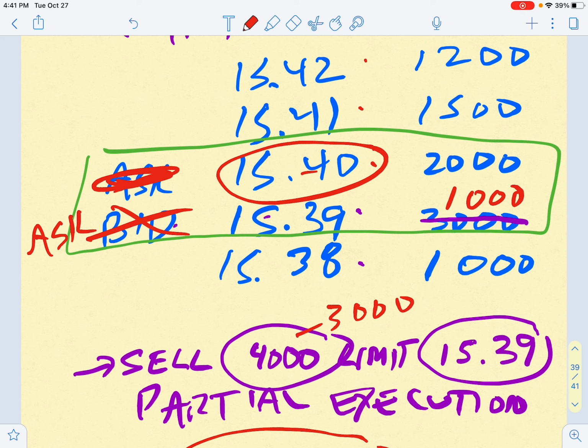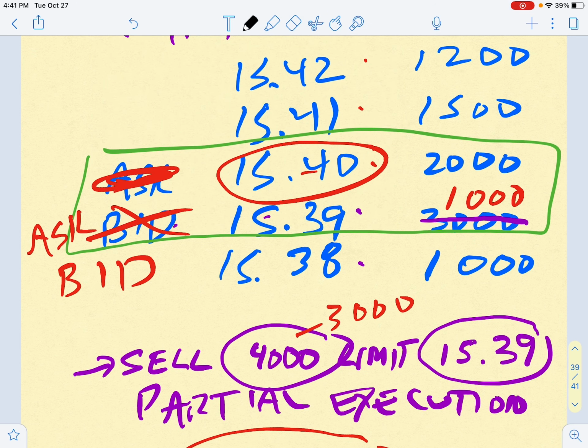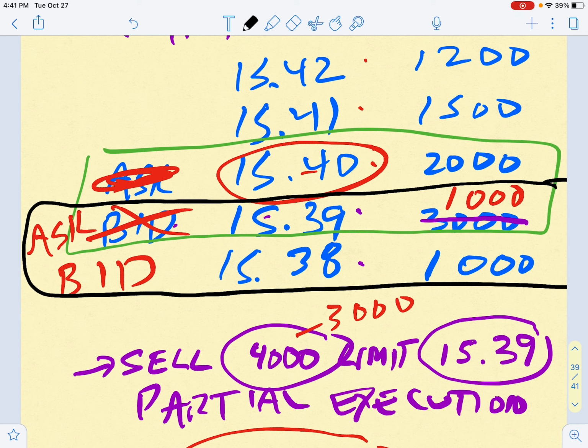So the 1539 becomes the ask, and what do you think obviously is going to become the bid? Well, the highest price anyone's willing to pay to buy, which is now obviously 1538. So this is kind of an interesting thing. And what we're left with now is this as our new quotes. So that's a special case. Spend some time thinking about that.